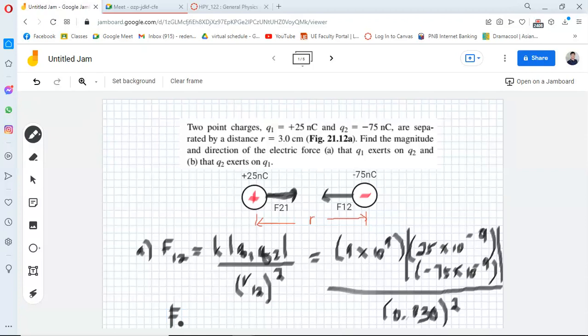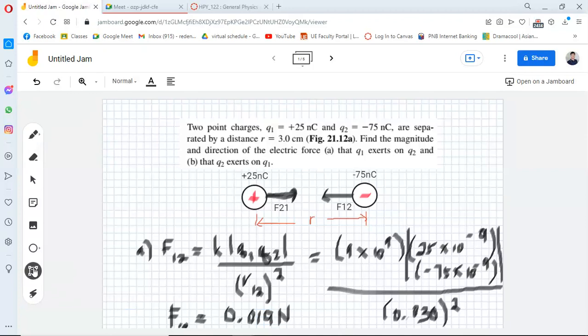Therefore, F12 is equivalent to what? So let's try to compute. This is 0.019 Newton.